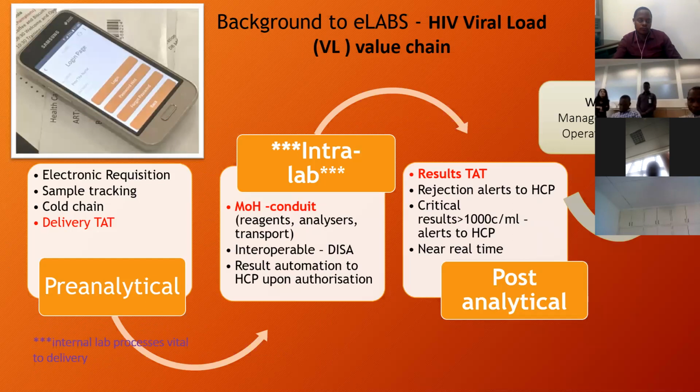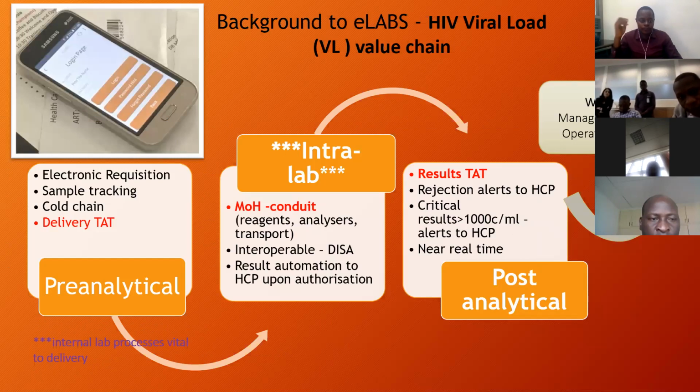Okay, so through the eLABS system, we're able to monitor three critical stages, which are the pre-analytical stage, the intra-lab, as well as the post-analytical stage. In the pre-analytical stage, we monitor the electronic requisitions that are happening at healthcare facilities, the sample tracking, the cold chain, as well as the delivery TAT.